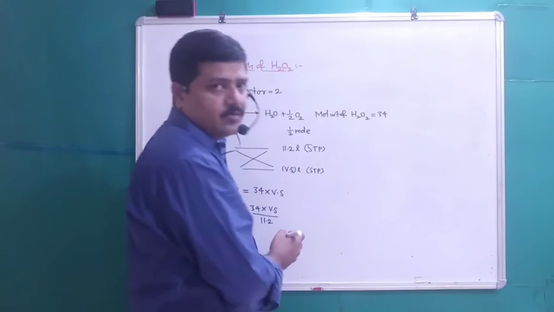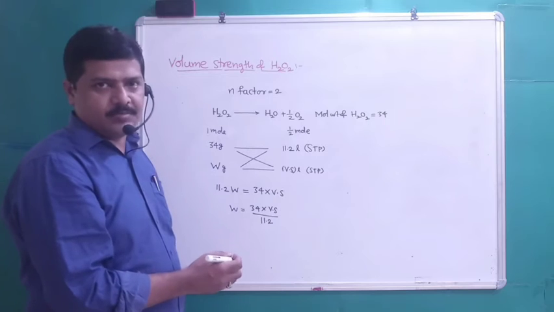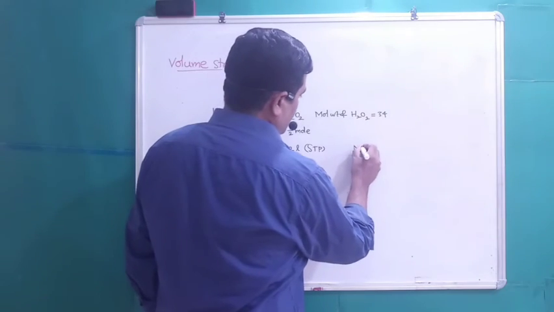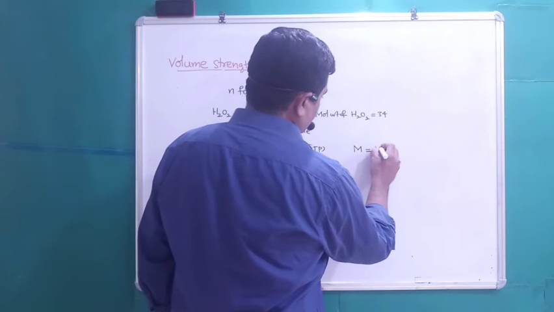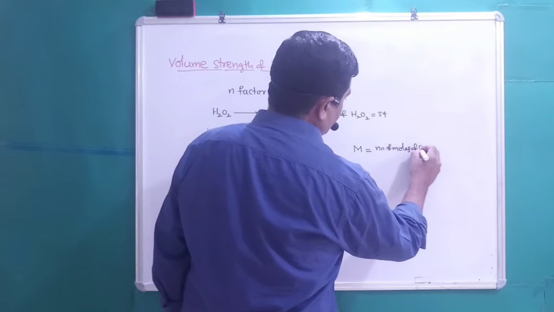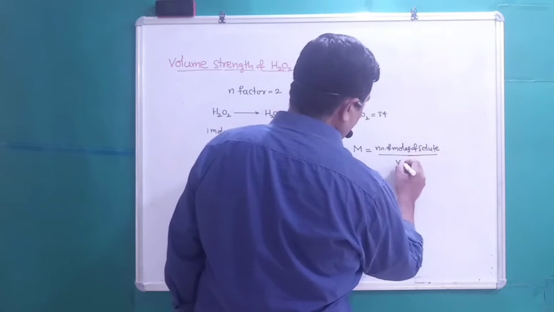Then let us find the relation between volume strength and molarity, and volume strength and normality. Molarity formula: molarity is equal to number of moles of solute divided by volume of the solution.